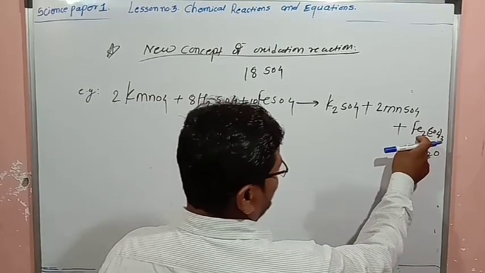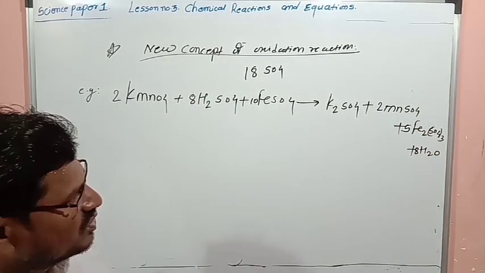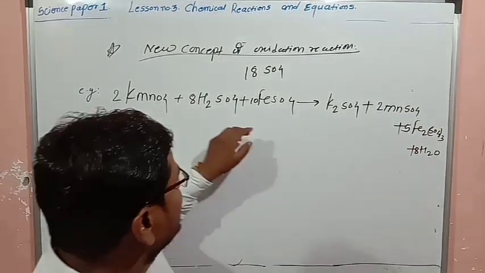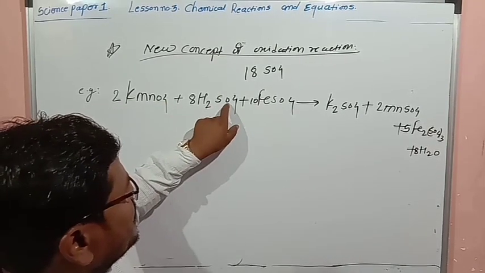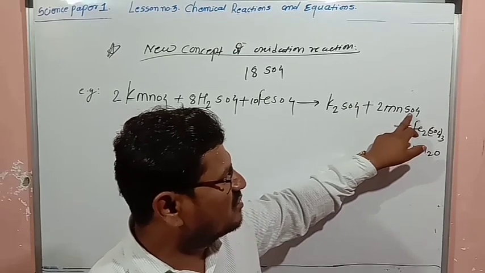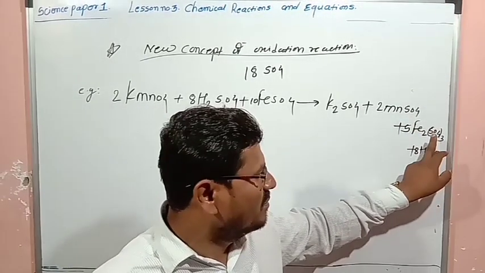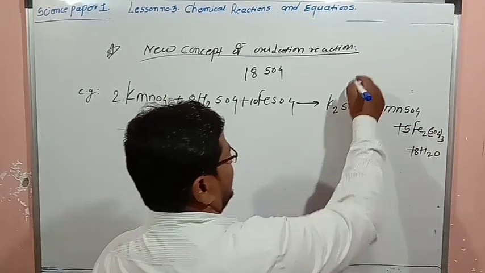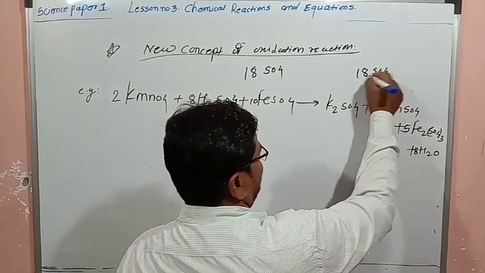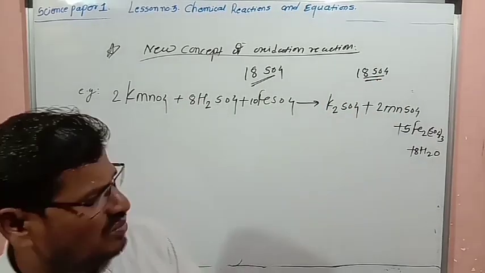And here 2 are there. That's why here you have to multiply by 5. So now SO4, 8 plus 10, 18 SO4; 1 plus 2, 3, and 5 3s are 15. 15 plus 3, 18 SO4. This side also 18 SO4, this side also 18 SO4.